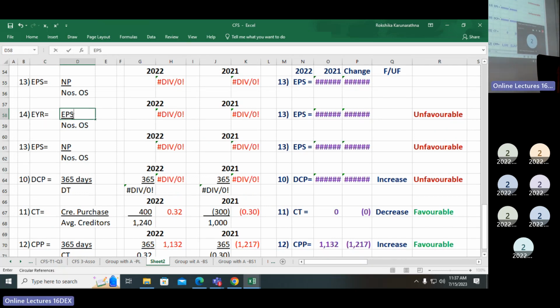Earnings per share divided by market price per share. Number 15, dividend per share: you take ordinary share dividend divided by number of ordinary shares.